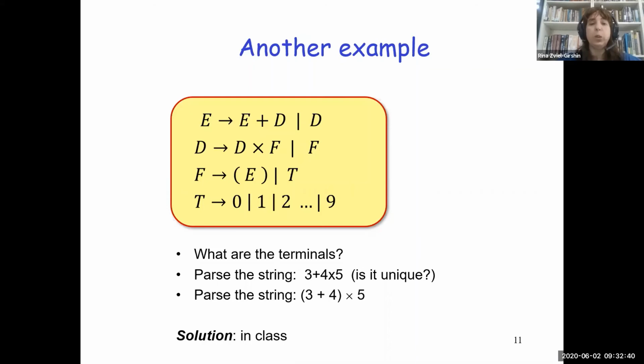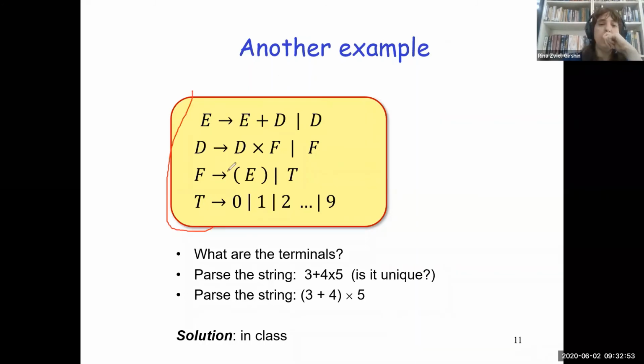The first question that we are asked: what are the terminals in our grammar? This question is relatively easy to answer. I will give you a moment, but please pay attention to the variables you have here. Everything else that you see is a terminal symbol and not a variable. So if I go to E, I can see plus, and it is a terminal symbol.